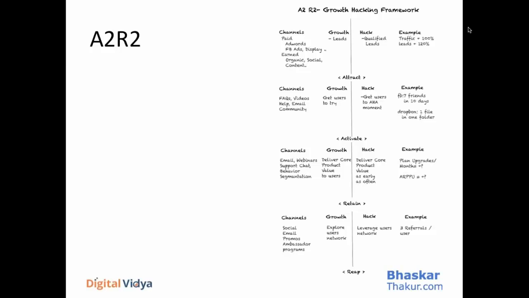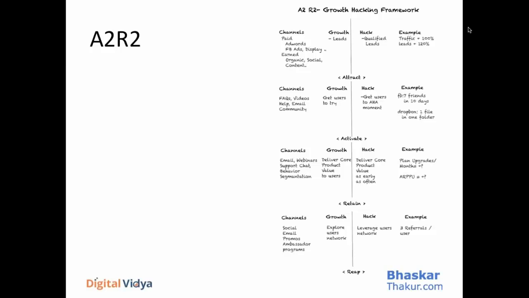The growth hacking framework is pretty much universal across the world. However, there are a few tweaks. Our growth hacking framework is based on lean marketing, and we have mashed it up with analytics and growth hacking techniques. We call it the A2R2 framework because it is attract, activate, retain, and reap.